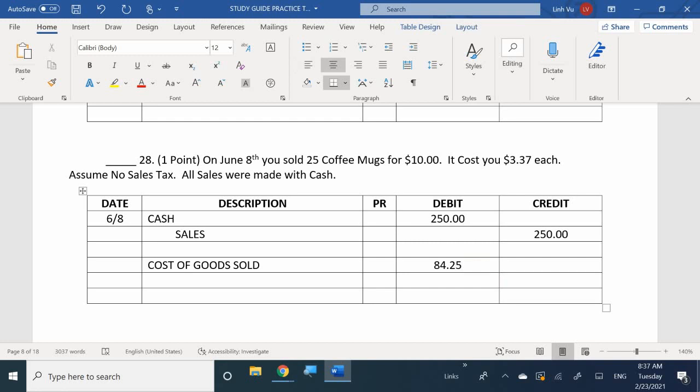All right. What's my credit account going to be? Where am I taking this amount out from? Inventory. Yes, you're taking directly out of inventory, which is the coffee mugs.